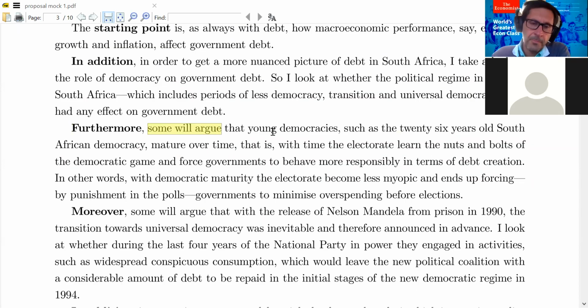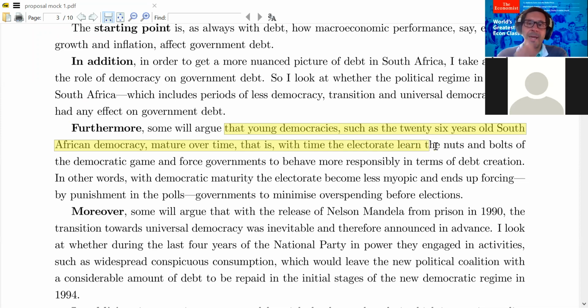Some will argue that young democracies, such as the 26-year-old South African democracy, mature over time, right? That is to say, with time, the electorate learned the nuts and bolts of the democratic game and forced governments to behave more responsibly in terms of debt creation, right? So we are a very young democracy, and there is very little democratic capital in South Africa.